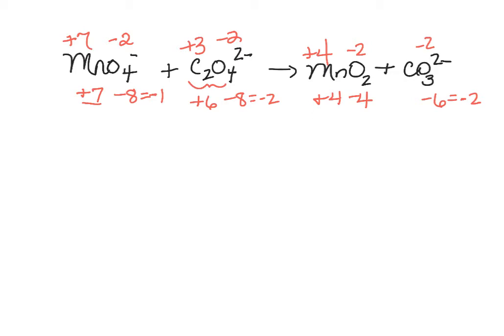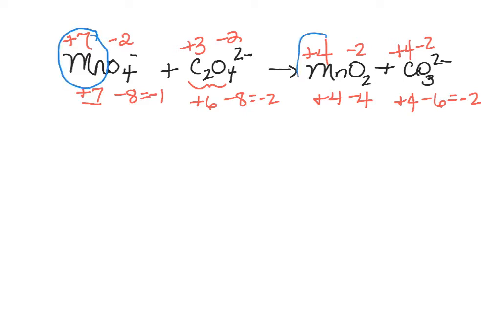Doing my math on the bottom. All right, so I have oxidation numbers assigned for all elements now, and I'm going to look and see which ones have changed from the reactant side to the product.